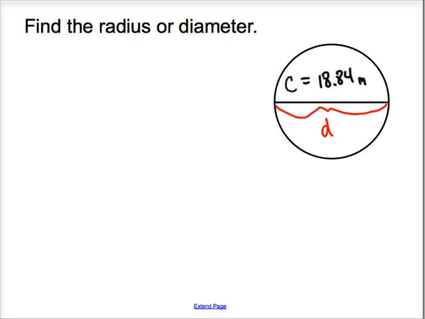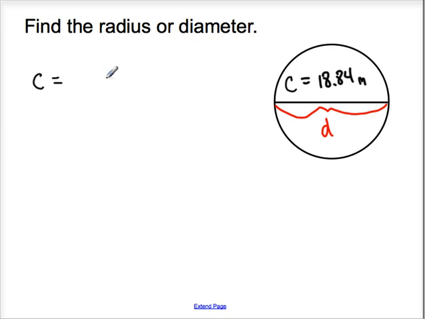Let's try another similar problem. In this case I have circumference equal to 18.84 meters, and this one I'm looking for the diameter. So first step, let's start with our formula.